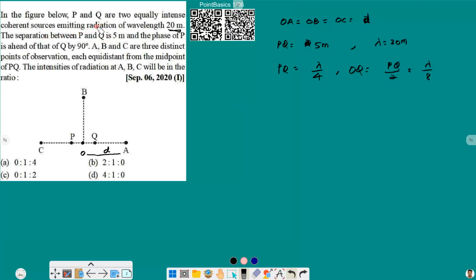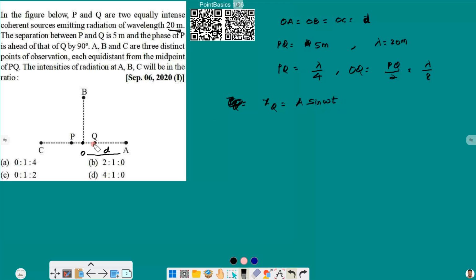And here let us assume the expression of the wave, the phase of P is ahead. So let's say that it's not I of Q, it's X of Q, because when we write an equation it is always for the amplitude. So X of Q, let us say it is equal to A sine omega t.